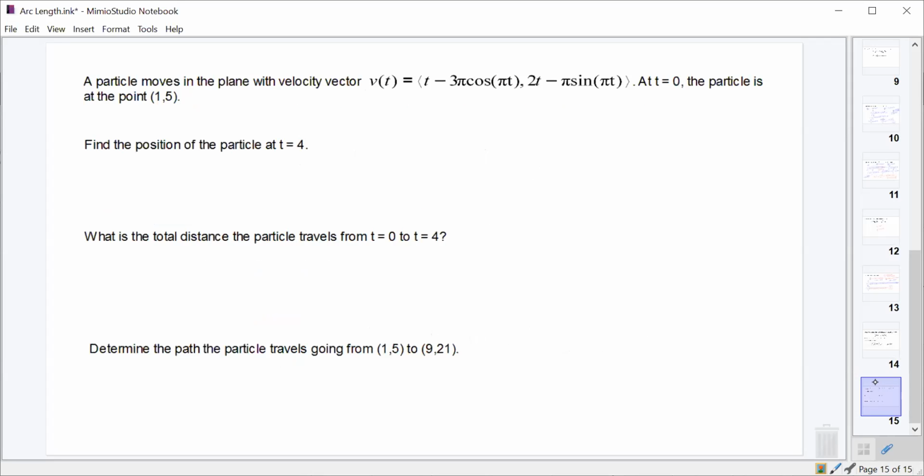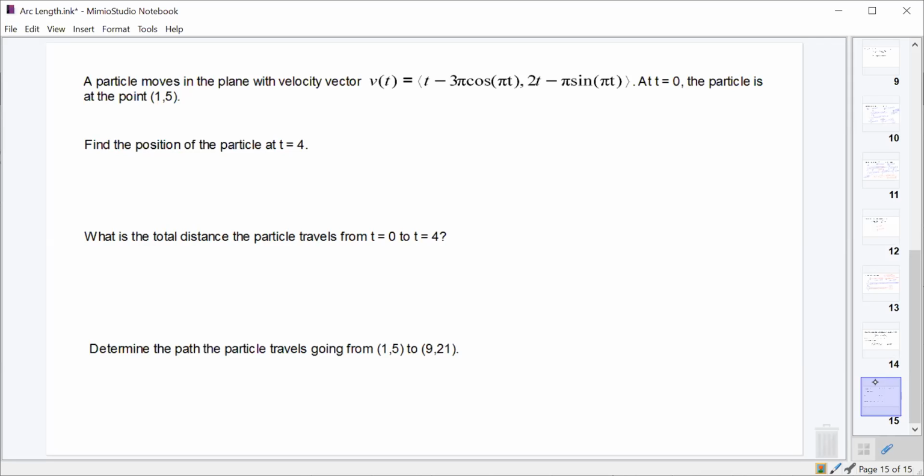Okay, so let's do just the one here. We got a particle that is moving in the plane. It's got this as its velocity vector. And we know that its initial position at t equals 0 is the point (1, 5). So if we want to find the position of the particle at t equals 4, the first thing that we need to do is integrate both the x component of the velocity vector and the y component of the velocity vector from 0 to 4.